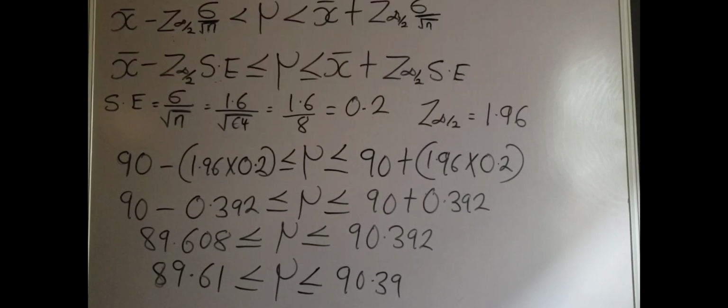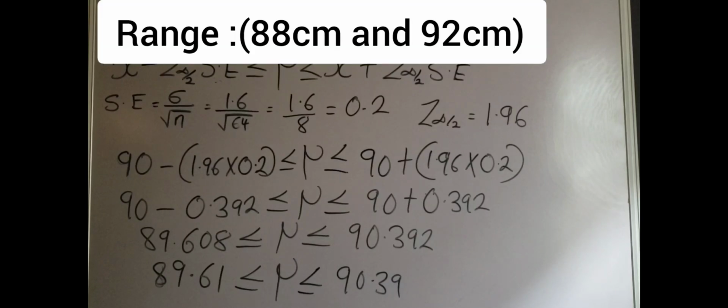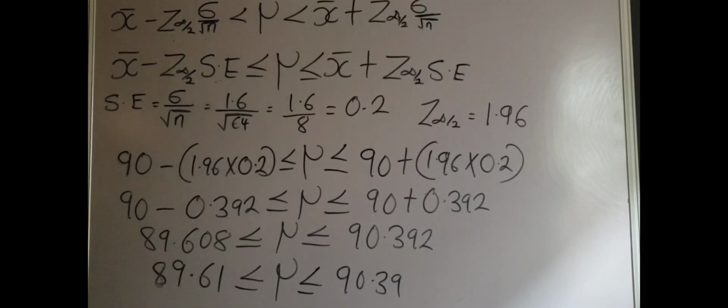Don't forget that the range which the customer wants is between 88 centimeter and 92 centimeter, but we have 89.61 centimeter and 90.39 centimeter. Now we want to check whether the customer will accept it or not.